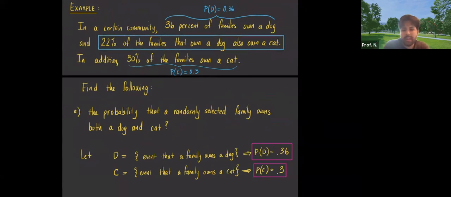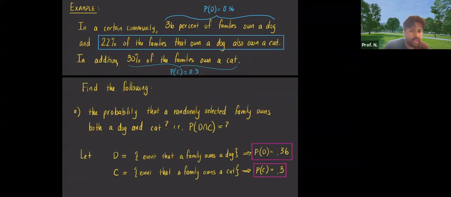Is it the intersection? So also be careful with the wording. Look what part A says. Part A says the probability that you randomly select a family that owns both a dog and a cat. So in other words, this question is asking, what is the probability that D intersects C? That's our question.